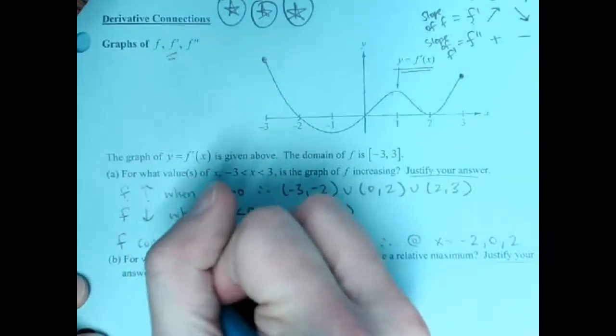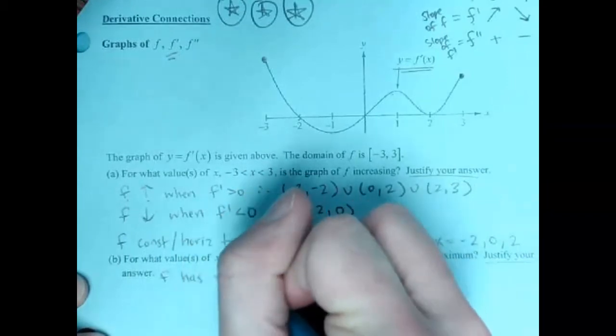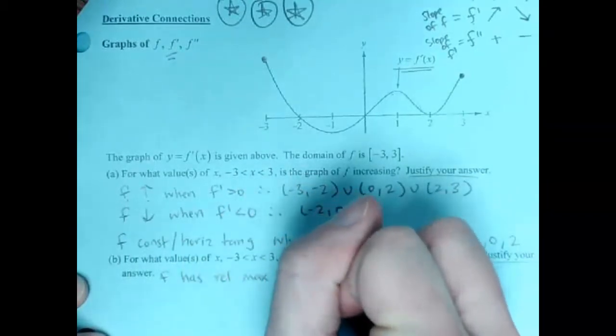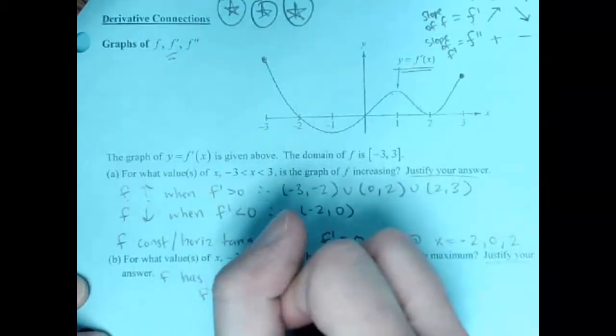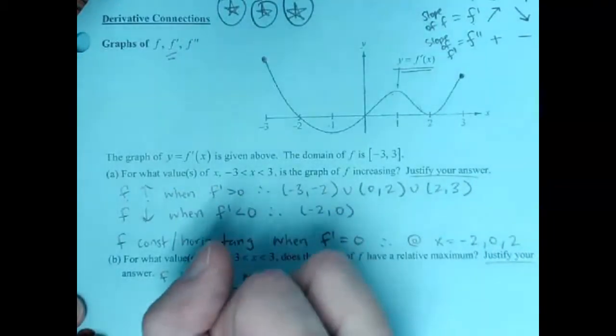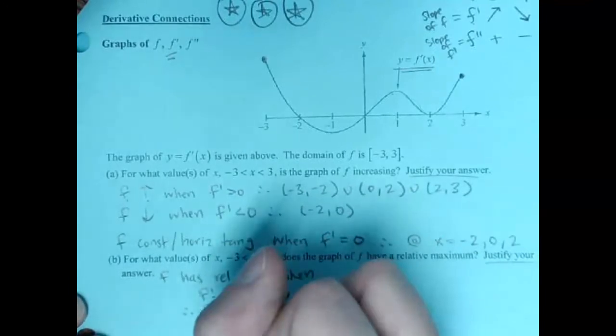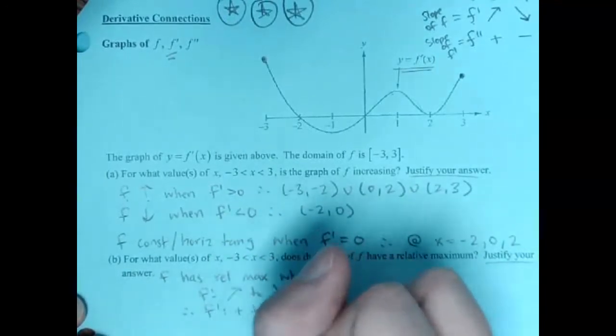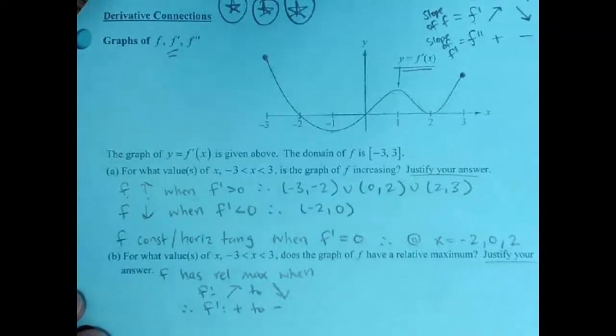F has a relative max when f changes from increasing to decreasing, or you could say the derivative changes from positive to negative, right? We know all that.